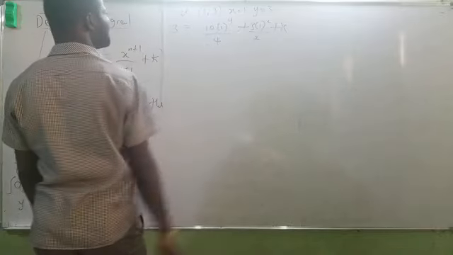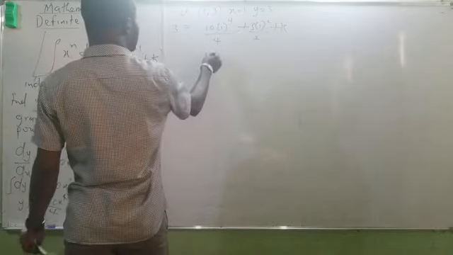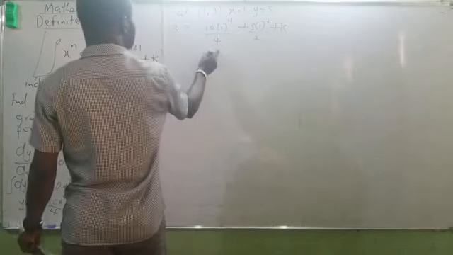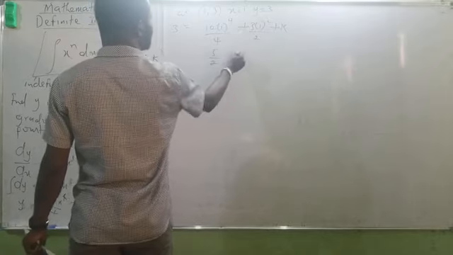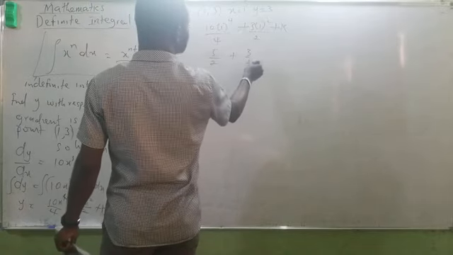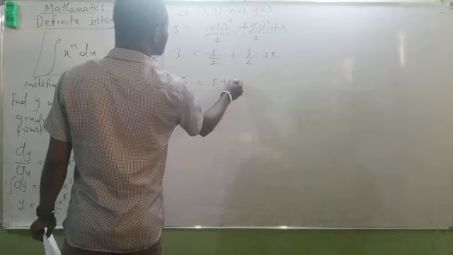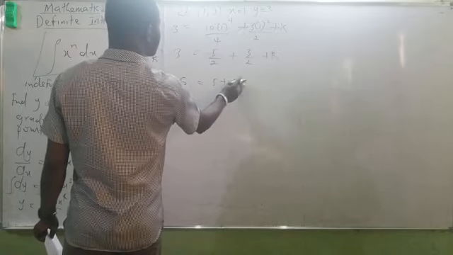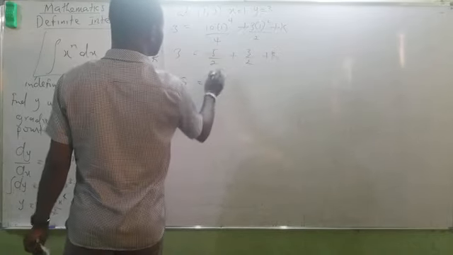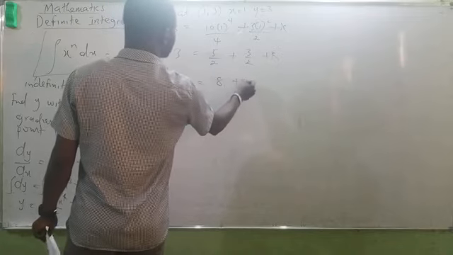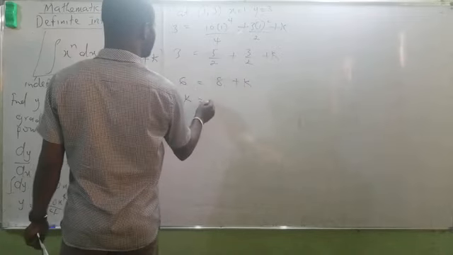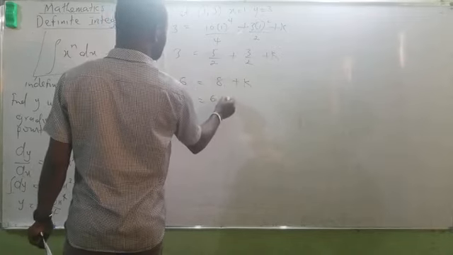Now I will have 5 over 2 plus 3 over 2 plus k equals 3. The LCM is 2, so I have 6 equals 5 plus 3, that is 8, plus k. Now my k equals 6 minus 8, which is k equals minus 2.